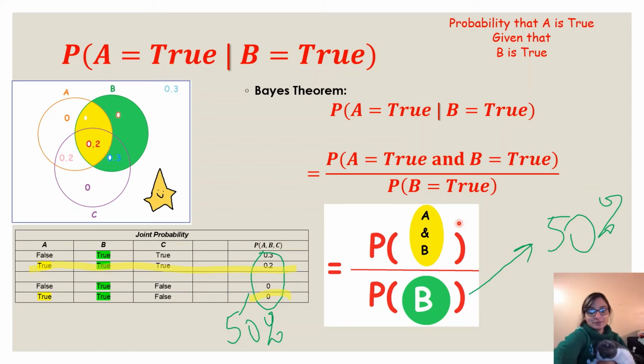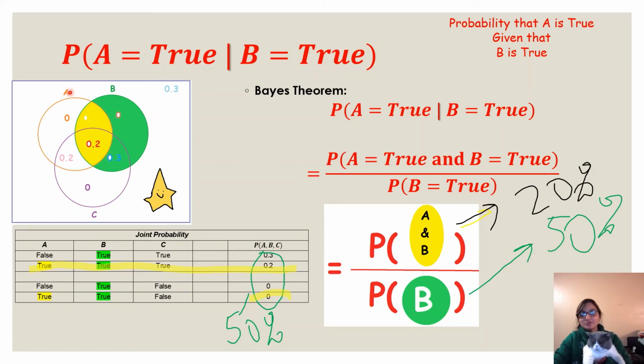So that's what this is. This is just the same thing as 20%. What you're going to notice here is that this is the probability of A and B. So in Bayes' rule, the probability A is true given B is true is the probability A is true and B is true, this overlapping part, divided by the probability that B is true.